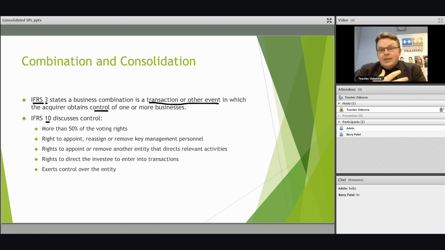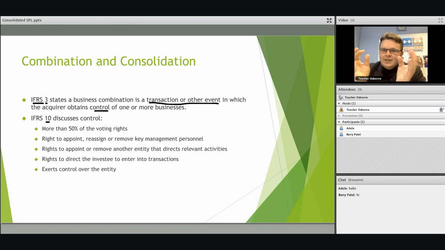If you look at these multinational corporations, they have what we call subsidiaries. They might have subsidiaries throughout the world. And business combinations, especially in this day and age, happen more and more often. We don't see many small companies as much anymore.